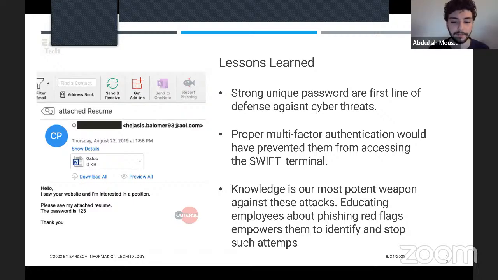You always have to give them a basic level of understanding, make sure they understand all the red flags, and understand that there are people always trying to come after individuals and corporations to get a way in, and that they are very important to making sure that doesn't happen.